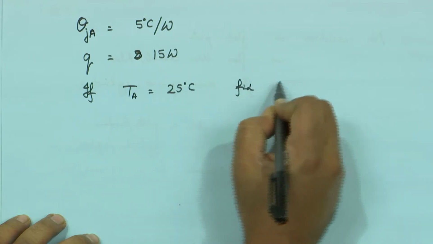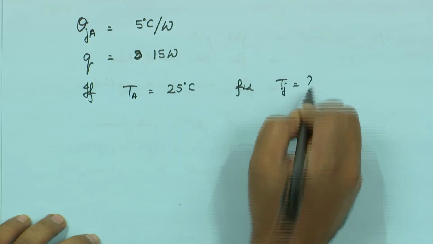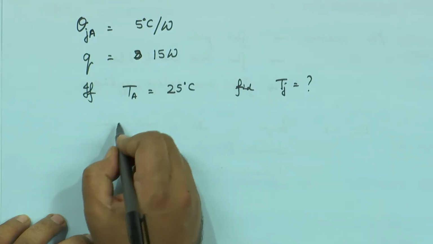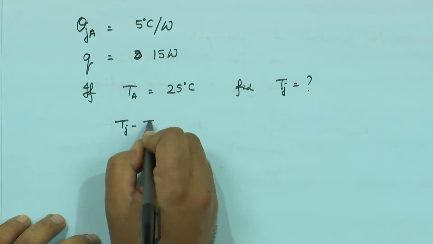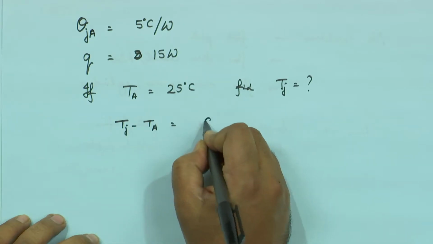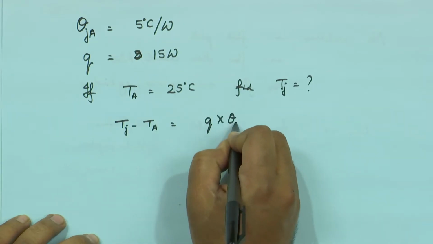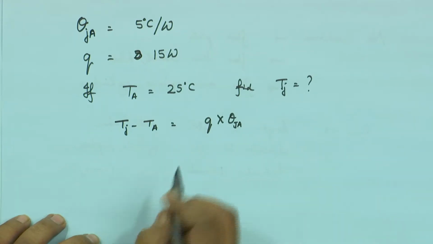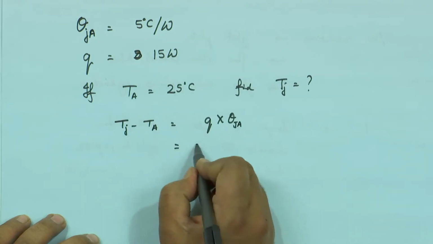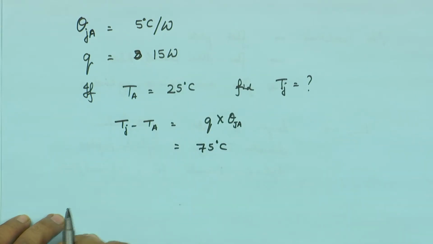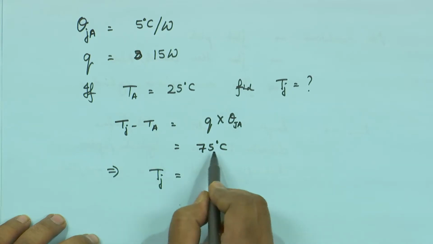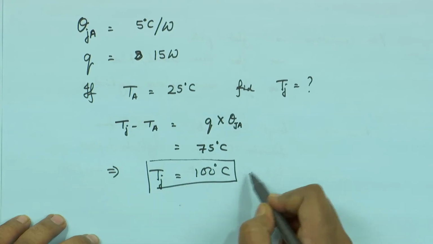Find TJ. What will we do? We will say TJ minus TA must be equal to Q times theta JA. Therefore, 15 into 5, 75 degrees C. So, my TJ is going to be 75 plus 25 equals 100 degrees C. That is my answer.